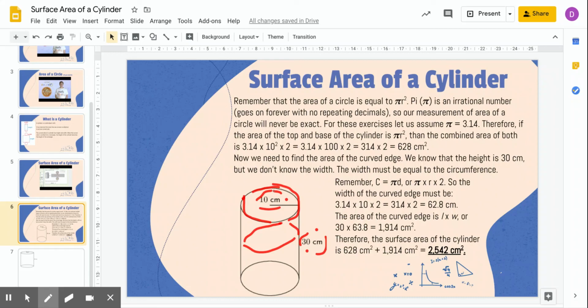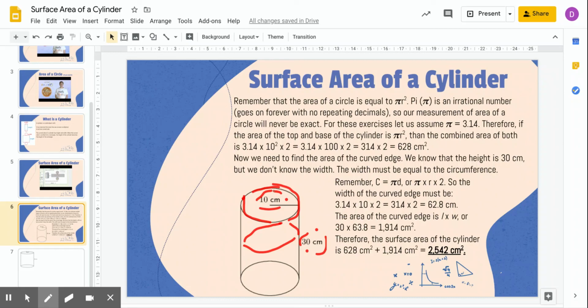So we're going to rewrite it to be pi times radius times 2, because 2 times radius equals diameter, right? So the width of the curved edge must be, for this shape, pi, which is 3.14, times 10 times 2, right? Because 10 is just the radius, we need the diameter, right?